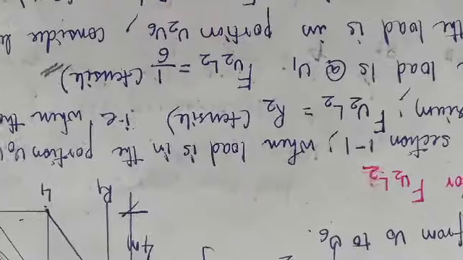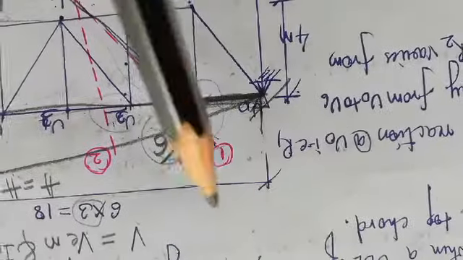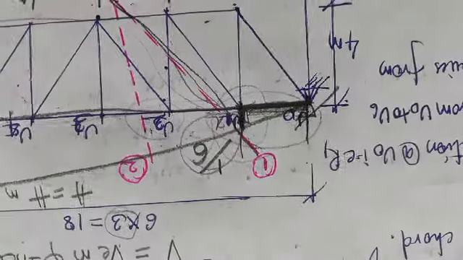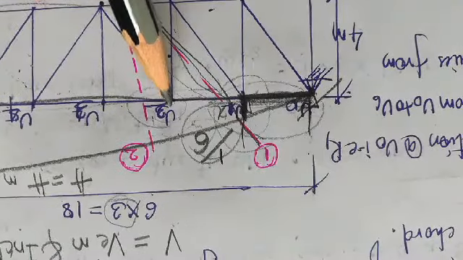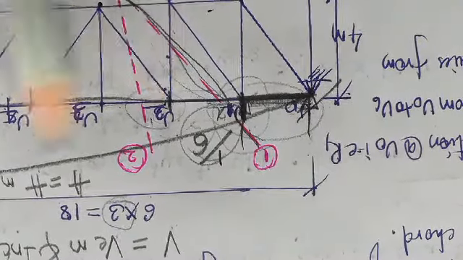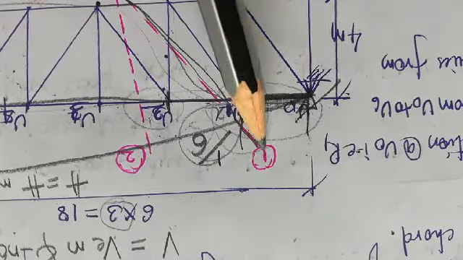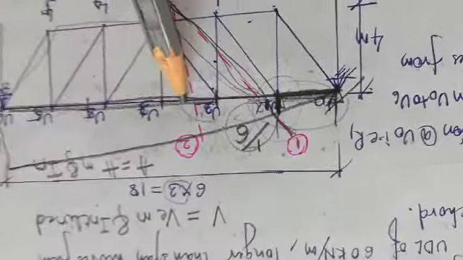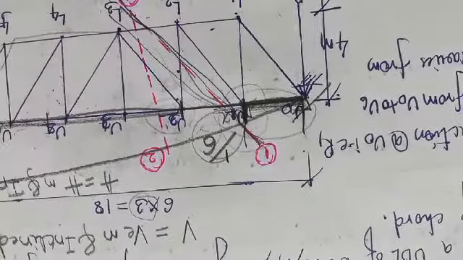Now, next, let us consider when the load is in the other part. We have cut this section over here. Now we are going to consider when the load is in U2 to U6.